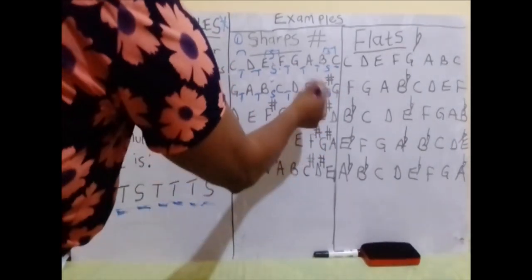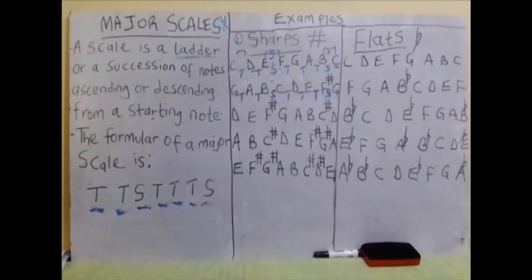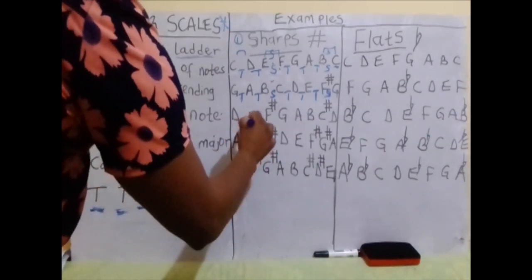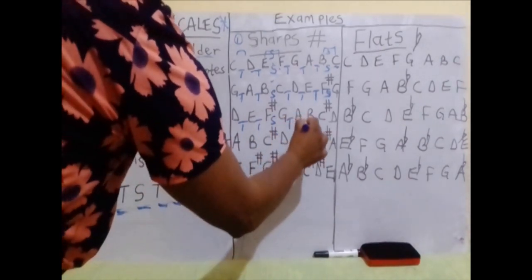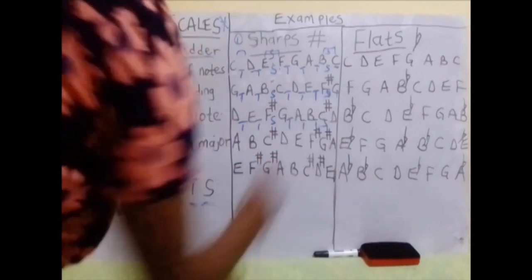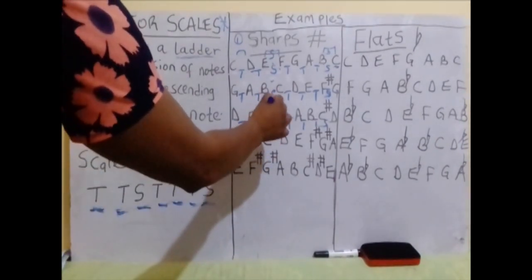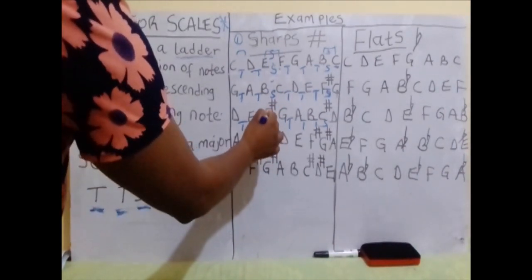We come to D, the scale of D. Tone, tone, semitone, tone, tone, tone, semitone. We have raised the F so that here the distance between F and G becomes shorter. It becomes a semitone so that the formula can be correct.